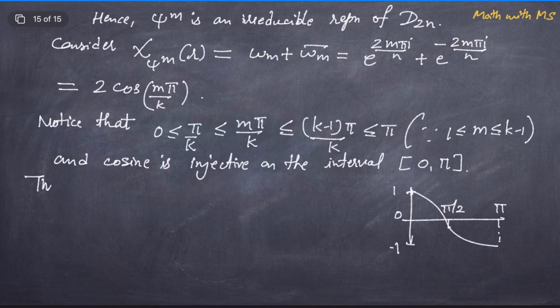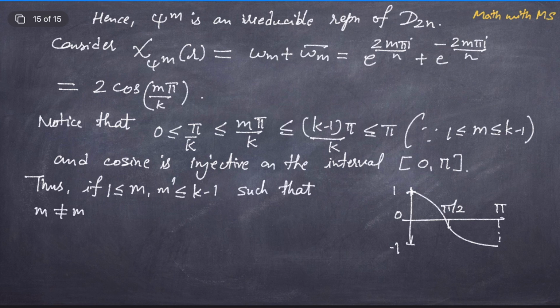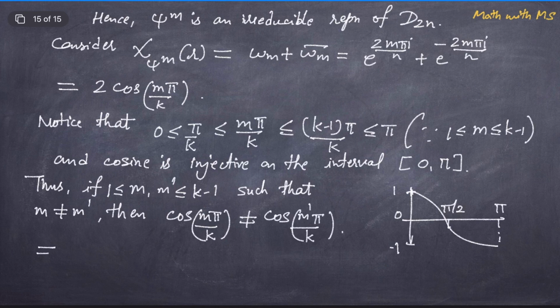Thus, if m and m prime are two integers bigger than or equal to 1, less than or equal to k minus 1, such that m is not equal to m prime, then cosine m pi by k is not equal to cosine m prime pi by k, which implies that chi of psi m at r is not the same as chi of psi m prime at r.